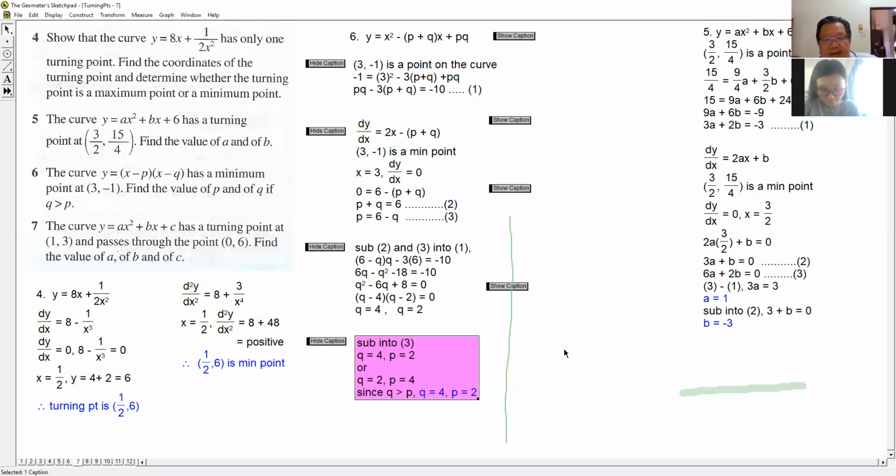You have two sets of answers: q equals 4, p equals 2, or q equals 2, p equals 4. But the question says q is greater than p, so we select this pair, q = 4, p = 2.